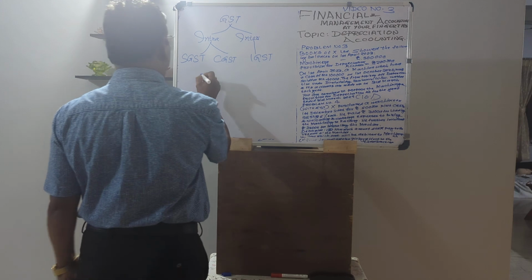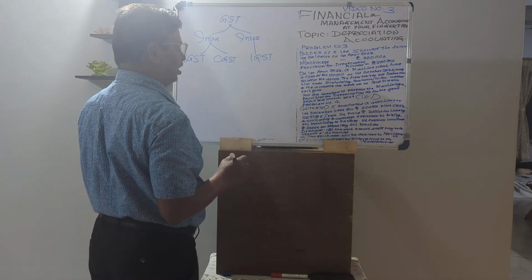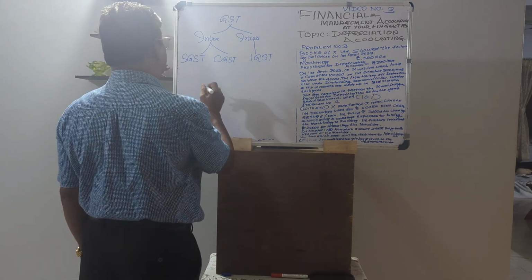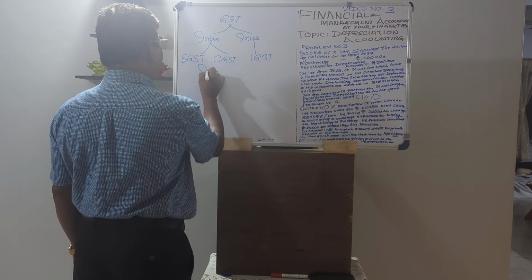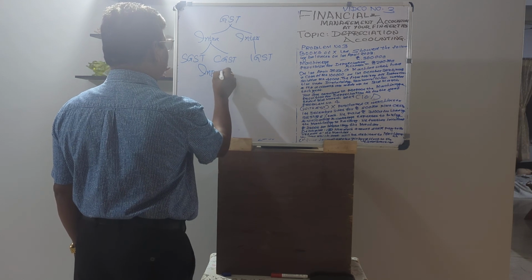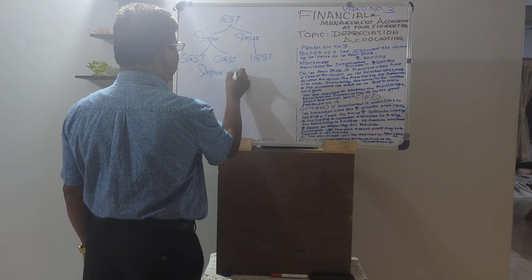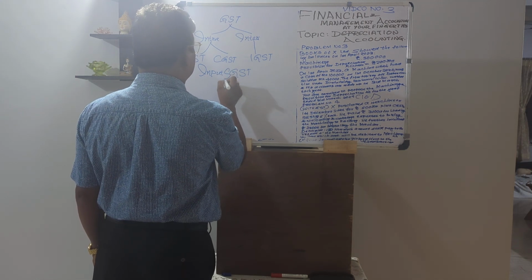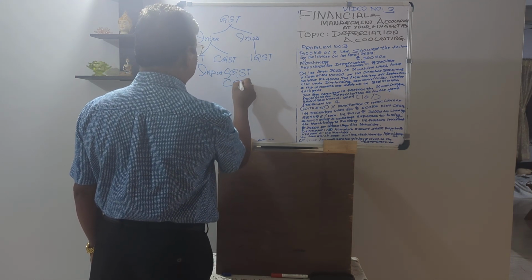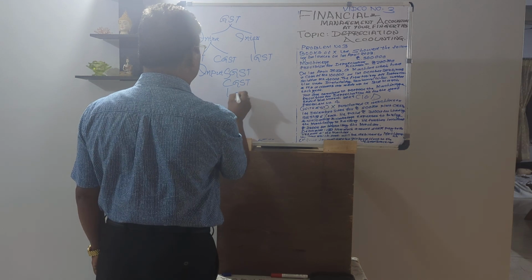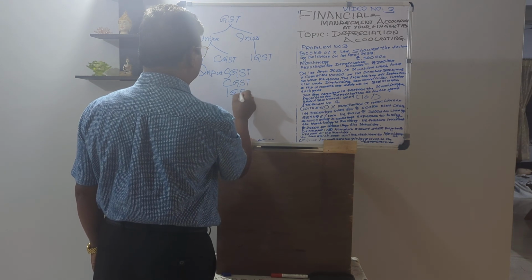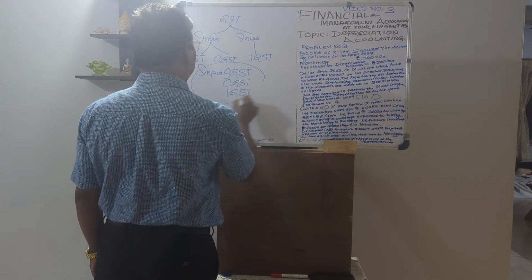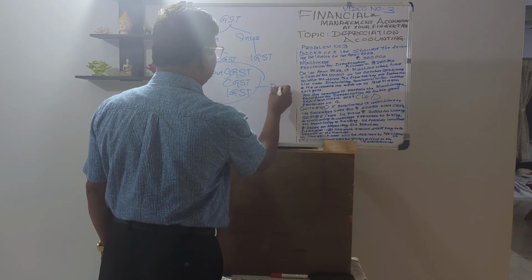When the trader is purchasing the goods, he will debit input GST. If it is intrastate, we write input SGST and input CGST. If it is interstate, we write input IGST. This is in case of purchase of goods.